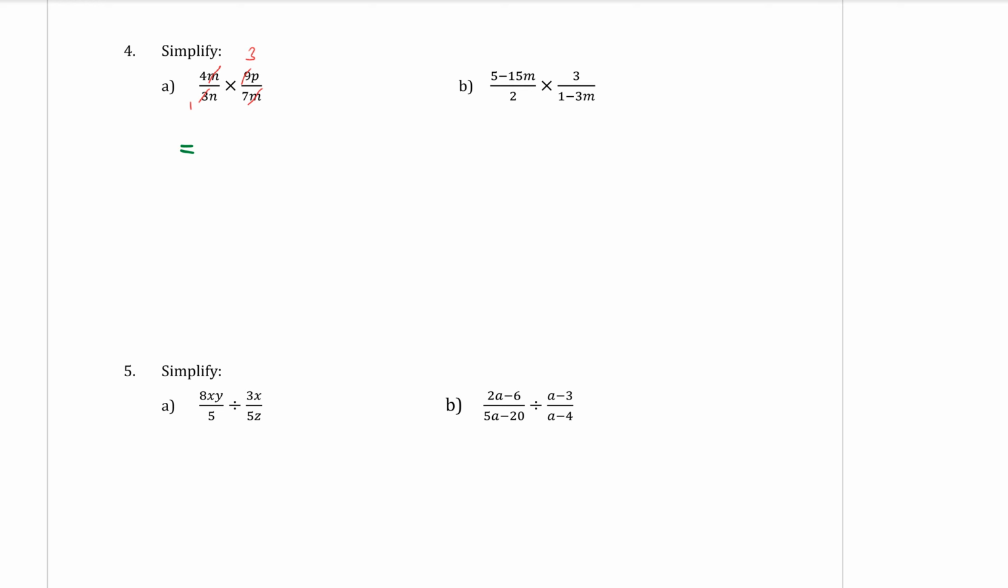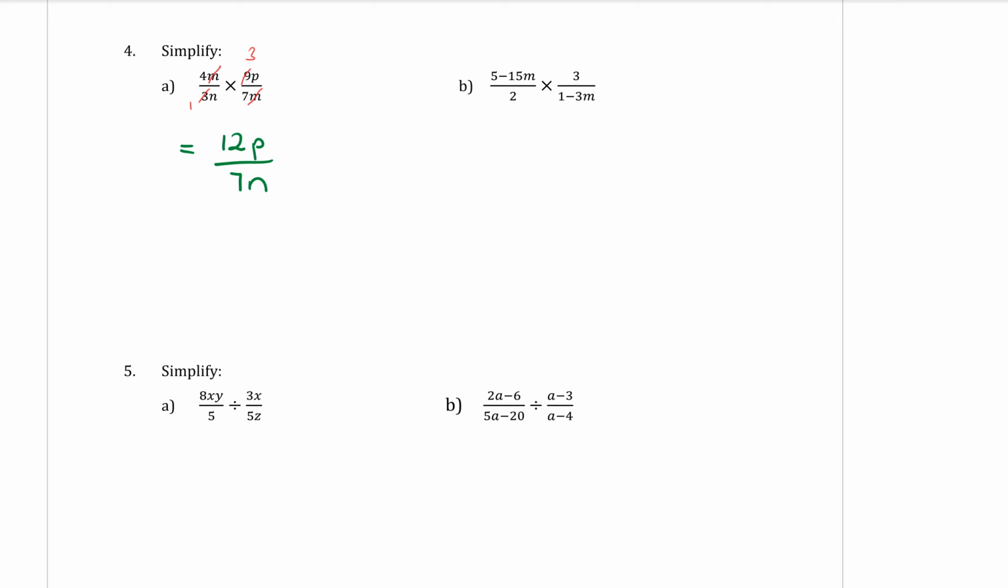All you do is multiply the top. So on the top, the numbers I have are 4 times 3, so that's 12. And the letters that are left, I only have a p left. So 12p. On the bottom, the only number that is left, I have a 1, so it's 1 times 7. So 7 is my number, and I have an n remaining.